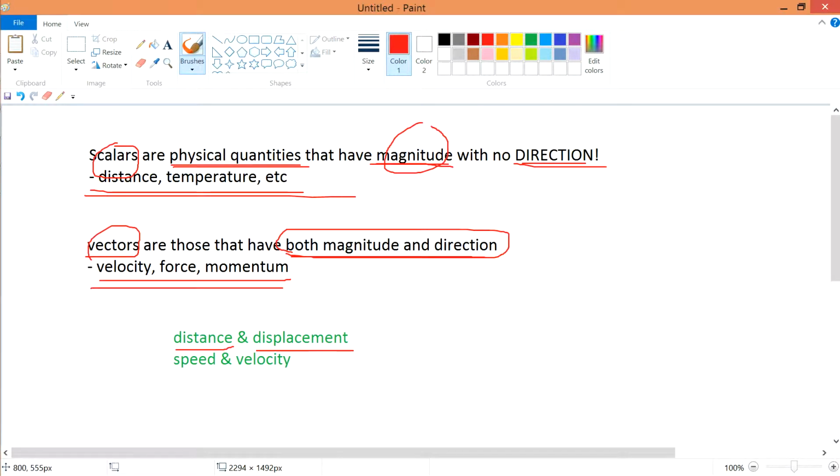Displacement has magnitude and a certain direction of movement. Speed and velocity are similar. I'll not go into details on why these two are vectors, I assume you already know why, but I just want to recap. Distance and speed are just scalars.